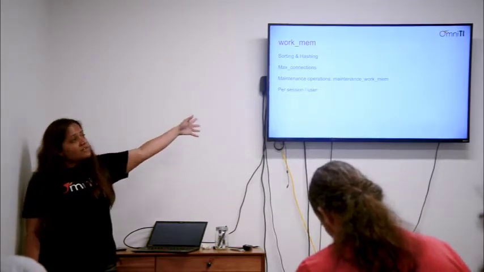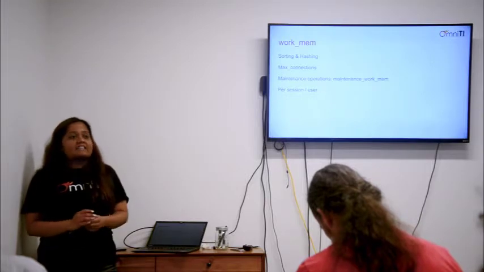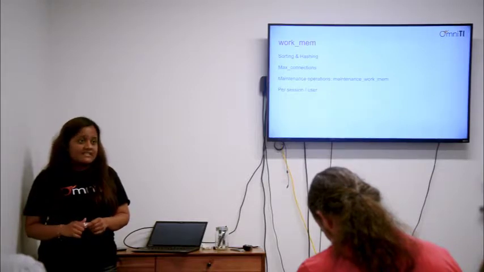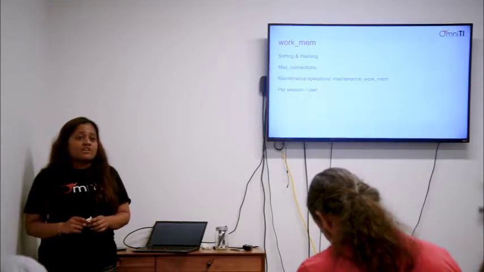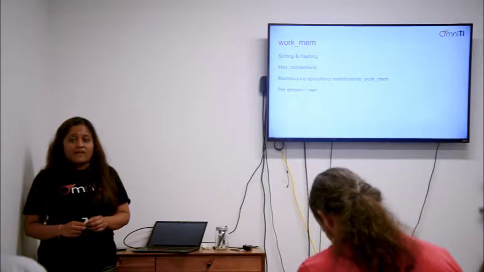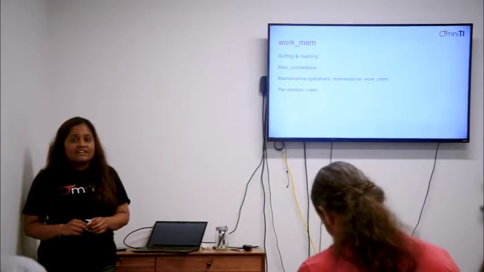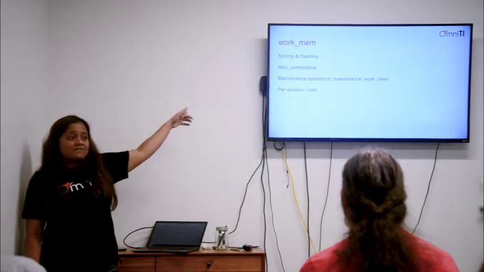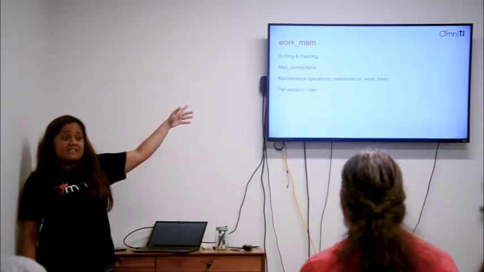The default for work mem is 4 MB, and that means that if one of my queries has 10 sorting operations, let's say, each of those sorting operations can acquire 4 MB of memory. So if I have 100 connections, each with 10 sorting operations, multiply that, and that will be your actual memory getting used at any point in time.